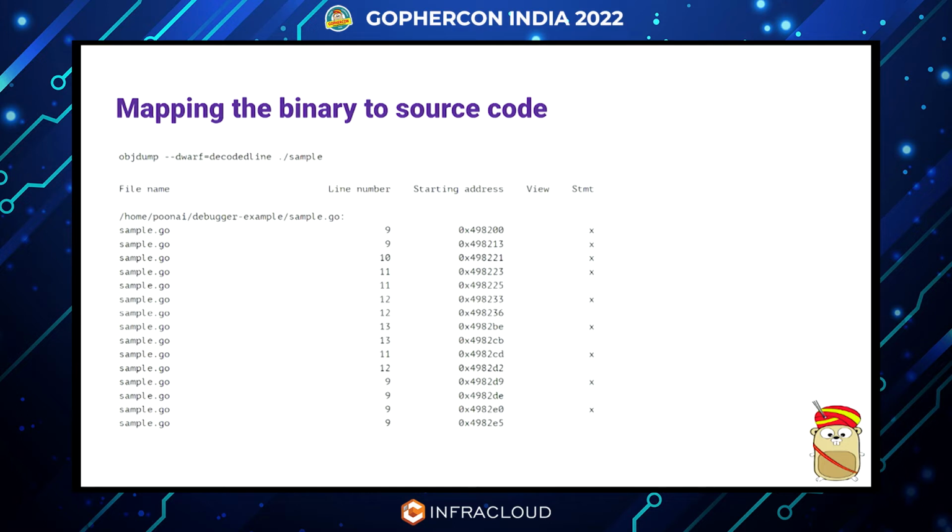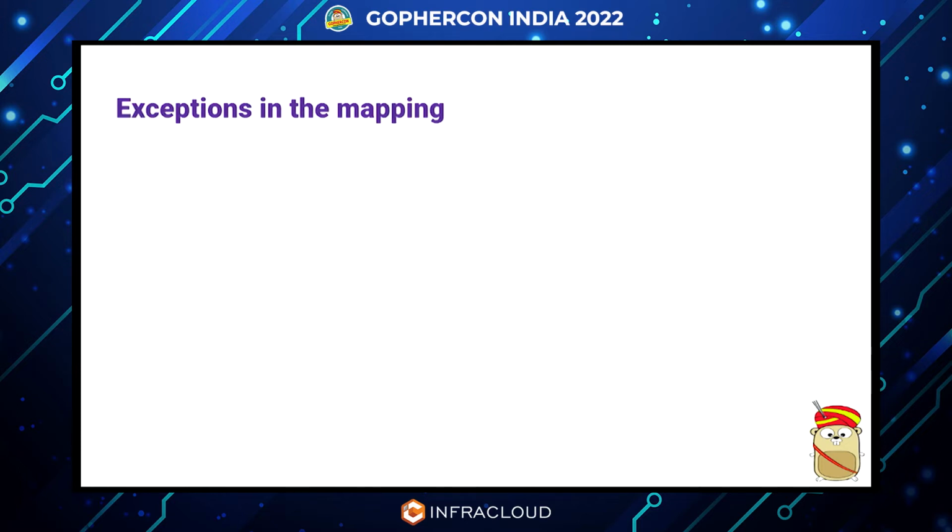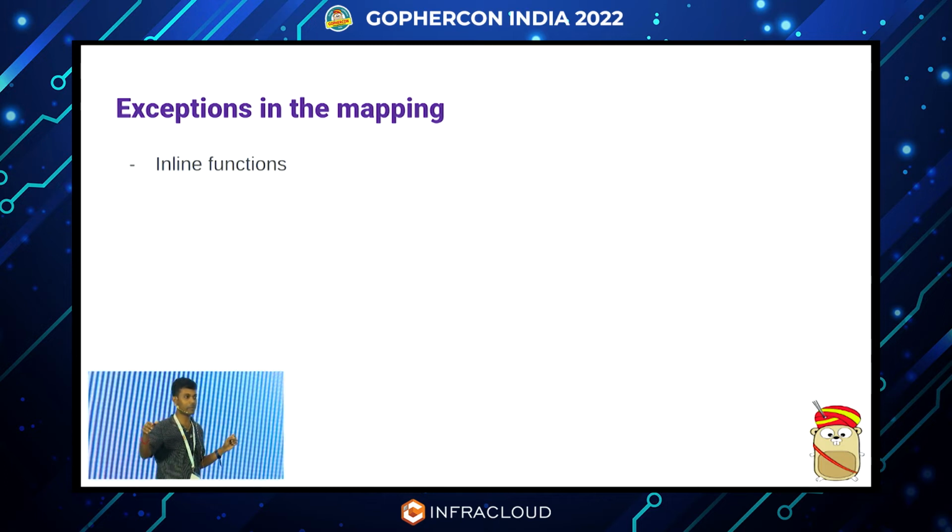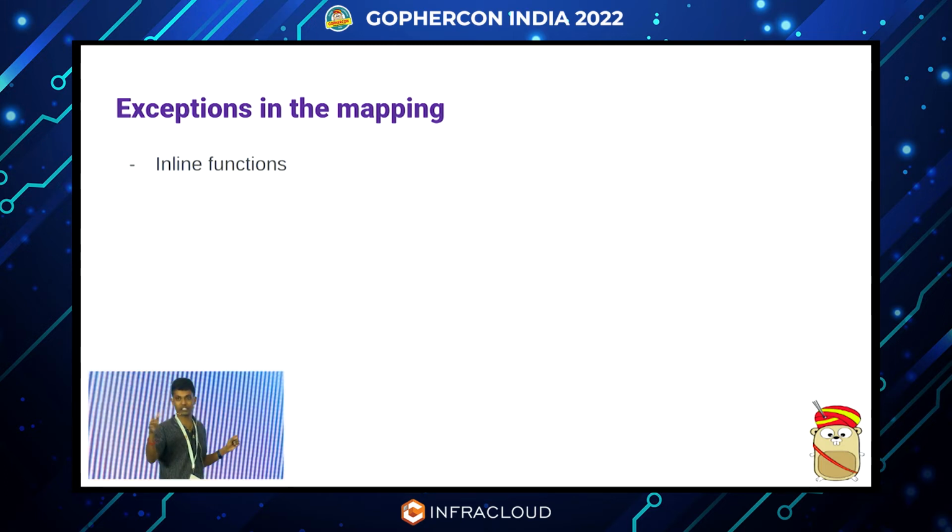But this mapping, you won't find it everywhere. That is because of inline functions. Let's say you have a small function, add, which takes parameters a, b integers, and returns a plus b.